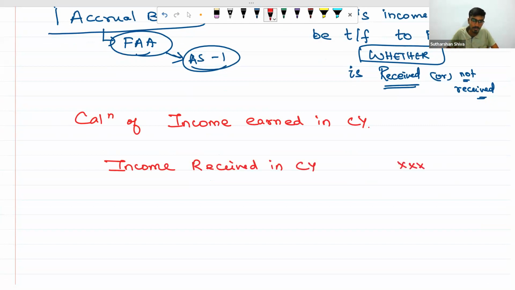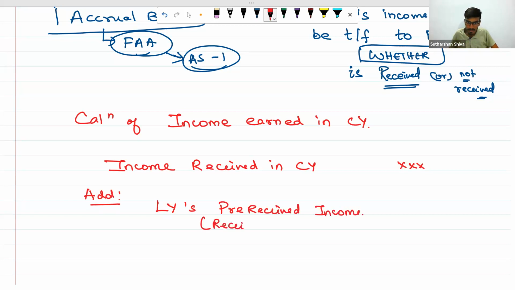From that value, I am going to add last year's pre-received income. What is that? That is received in advance, related to the current year. I am going to add that part.